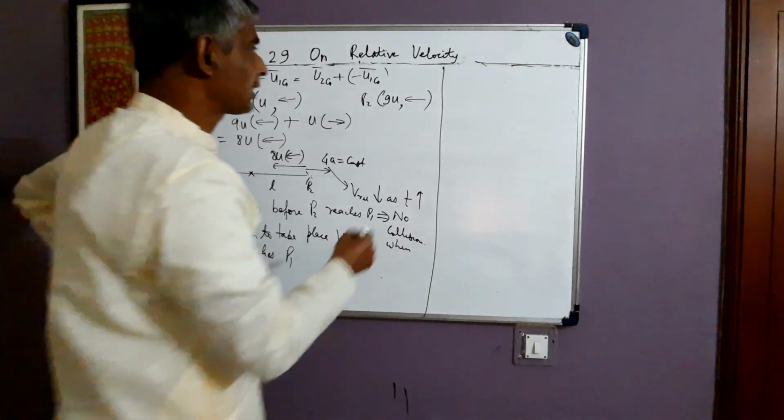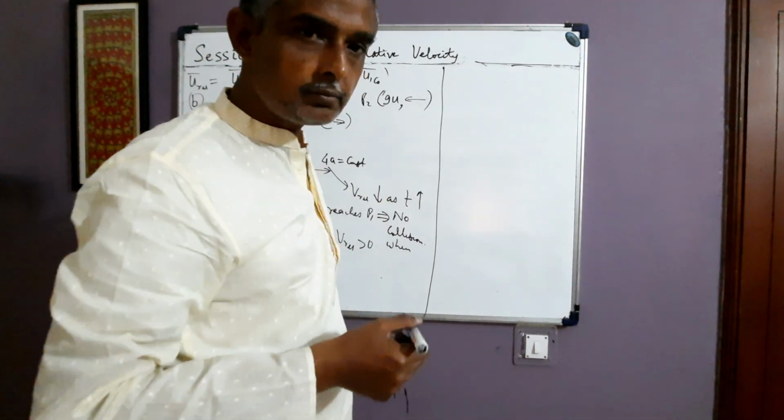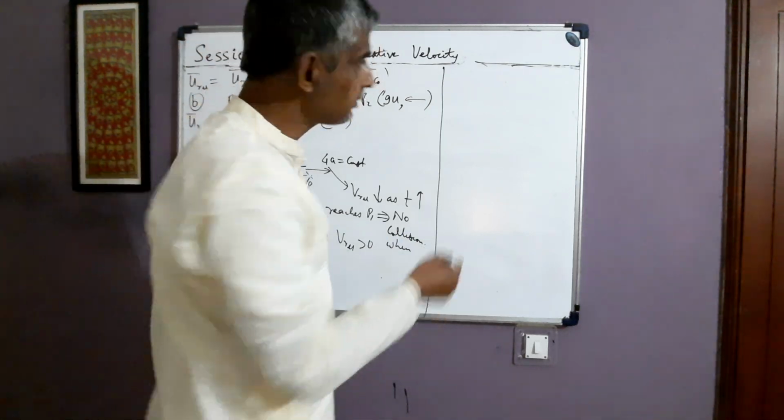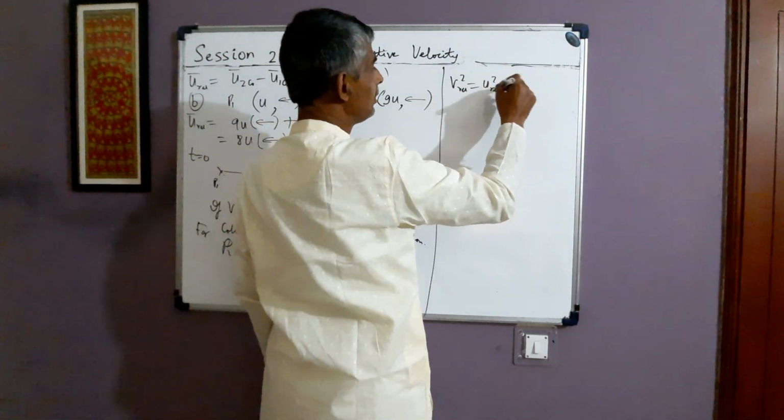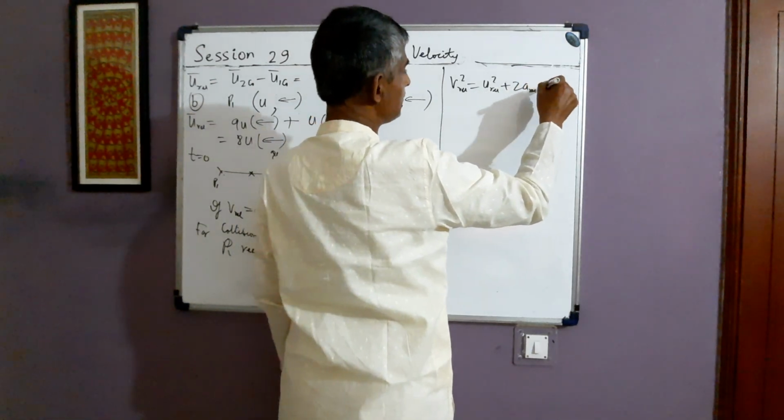So now we again apply the formula for constant acceleration, as we have discussed: V relative square equals U relative square plus 2 A relative into D relative.